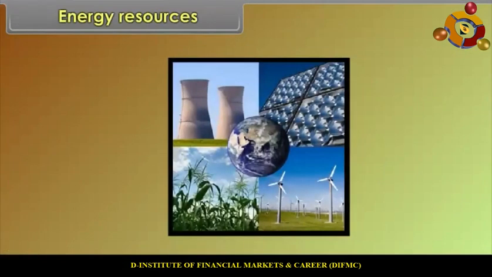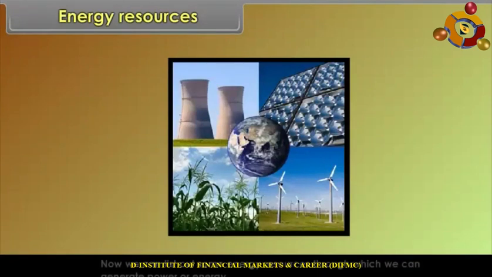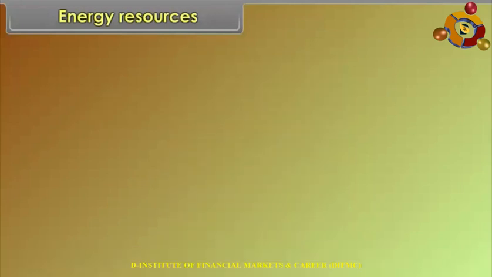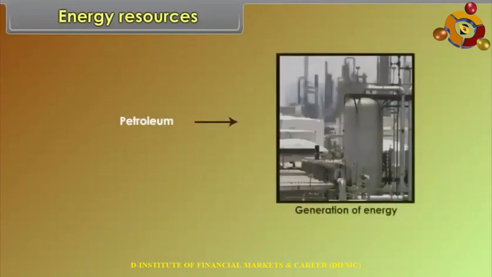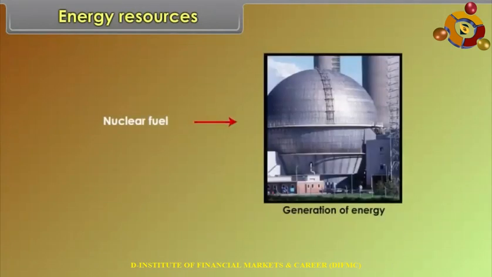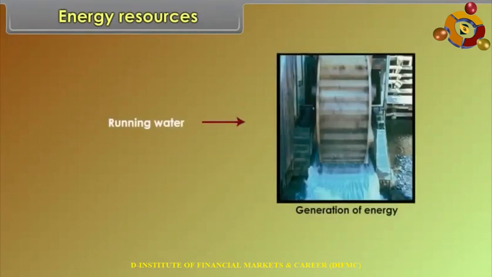Energy resources. Resources which are used for generating power or energy are known as energy resources. Now, we can list out some energy resources through which we can generate power or energy. Coal, natural gas, petroleum, nuclear fuel, wind, running water.